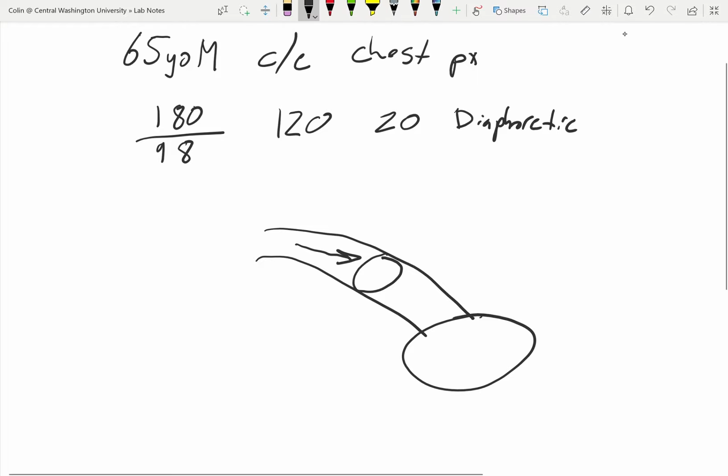And when the tissue starts to die, the electricity that would normally pass through it now hits it and has to go around and continue on. That takes more time, and that will show up on your 12 lead. It's going to change the way that the 12 lead looks. So let's go over that right now.